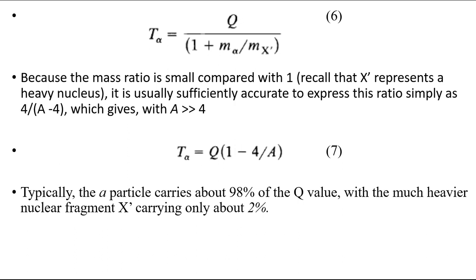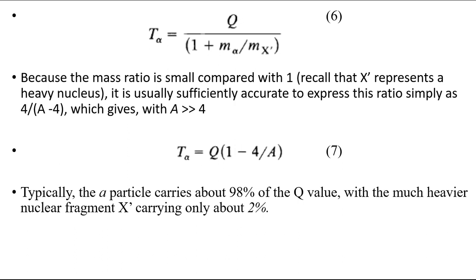This m alpha over mx prime can be converted into A's: m alpha over mx prime is equal to 4 over A minus 4, and A is much greater than 4 for the daughter nucleus.